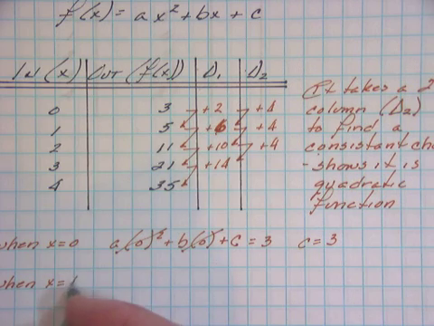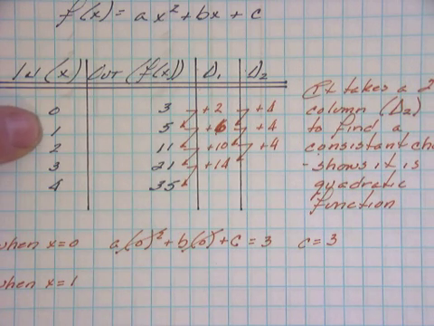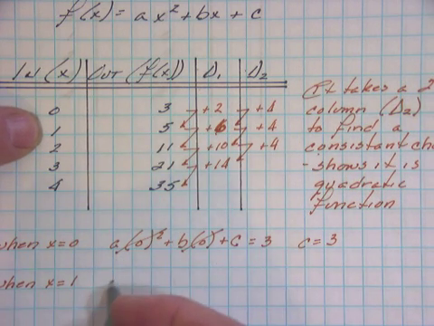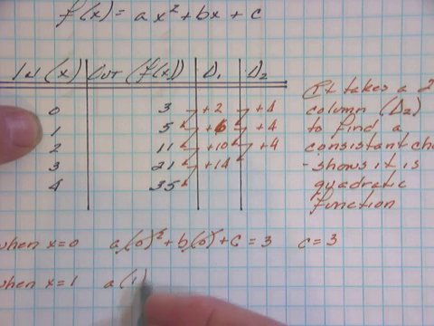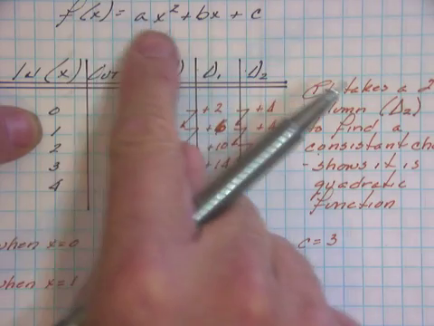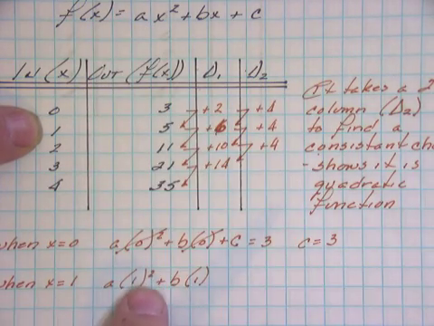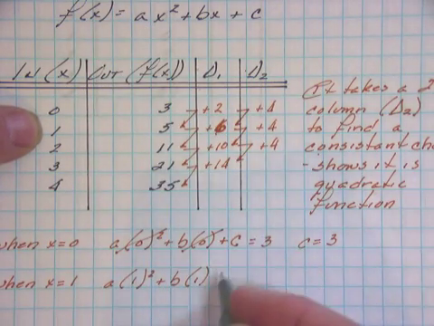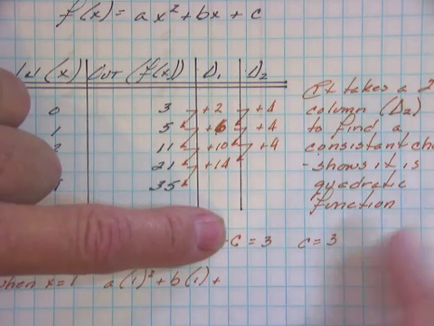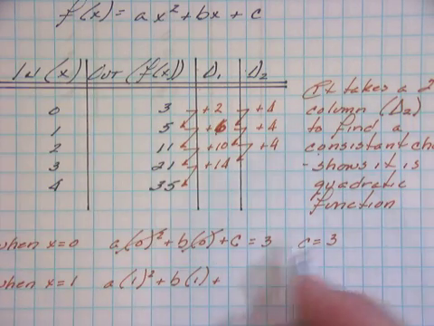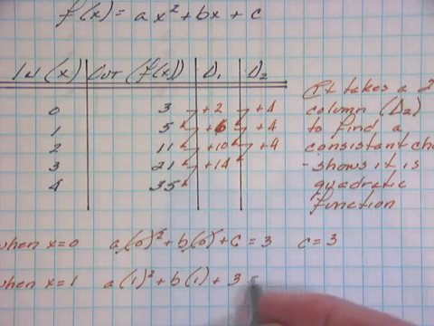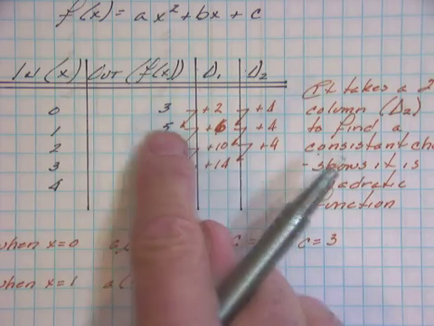Now we have to do another one. When x equals 1, so now we're going to go down a line in my table. I know that a times 1 squared plus b times 1. Notice I took the x's out of the equation and replaced them with 1. Plus c, well, I already know what c is. C is 3.